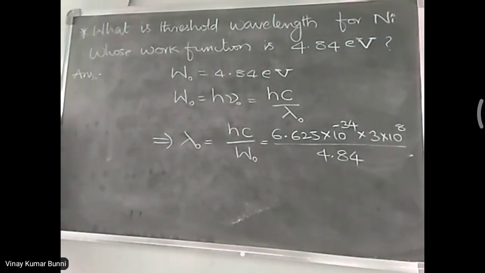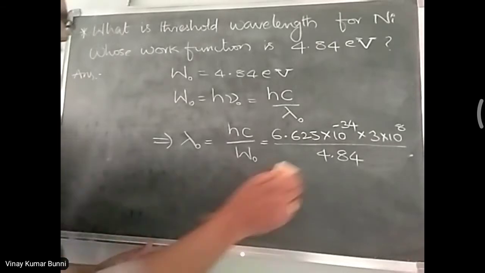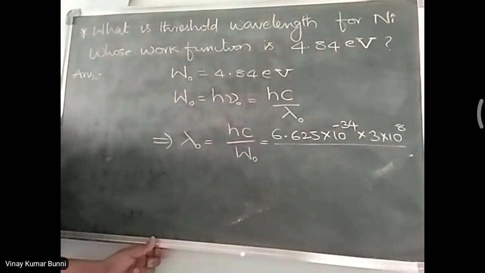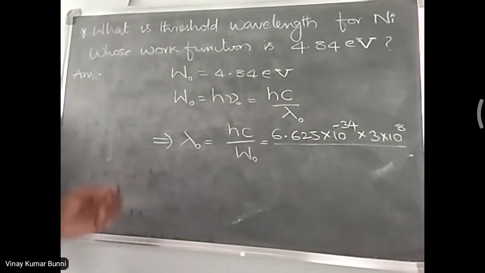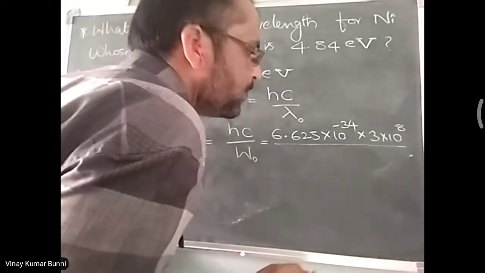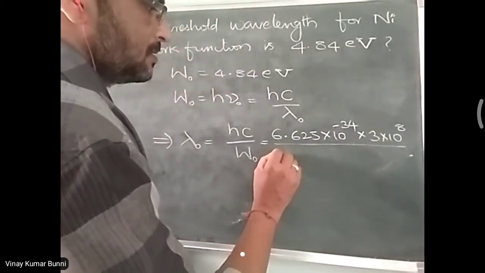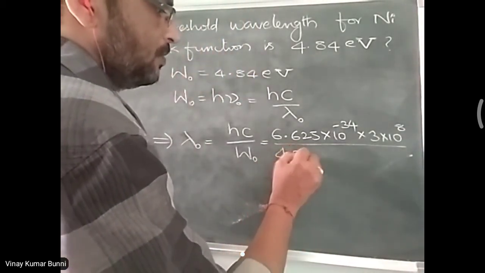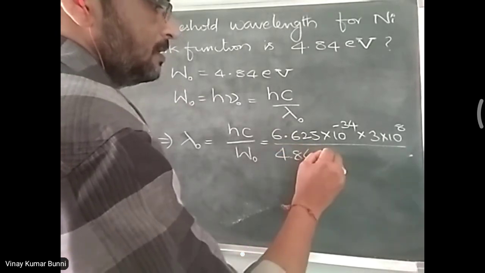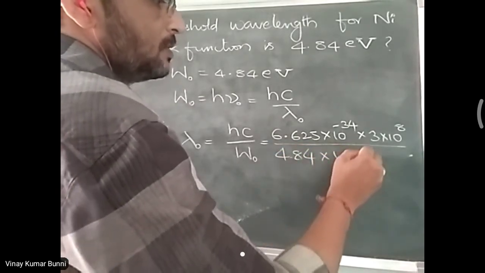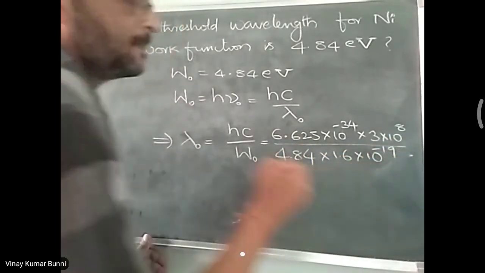And this electron volt is there because the wavelength can be measured in angstroms or meters. So in place of electron volt, you can write it in joules, that is 1.6 into 10 power minus 19.